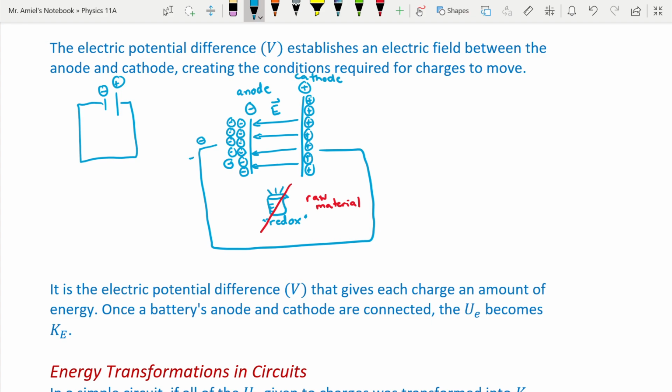These charges, which have all been given a certain amount of energy, now have the ability to move here. And so when these things start moving, it actually starts to decrease the electric field.